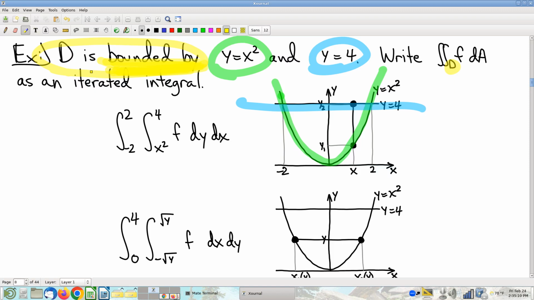And there's only one region in this picture whose boundary is those two curves, and that is not extending infinitely in some direction, and that's this right here. So it's going to be very important to interpret these questions appropriately. Part of the question is to interpret the question appropriately, and this is the region bounded by.